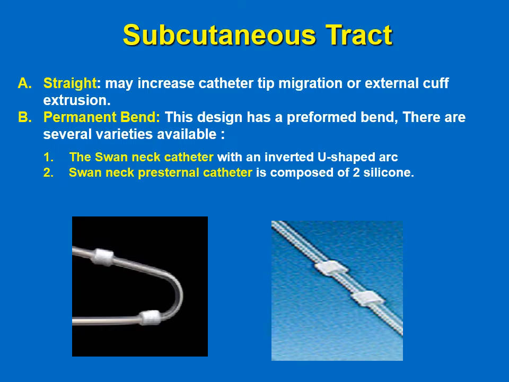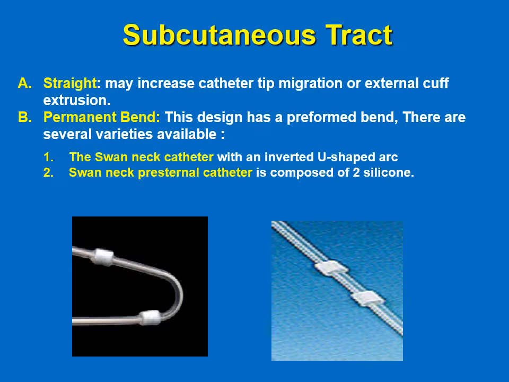The straight subcutaneous tract may facilitate more catheter migration because it's straight and easy to move around, either right or left, and the catheter may migrate. It may also have more external cuff extrusion because of its straight shape design.